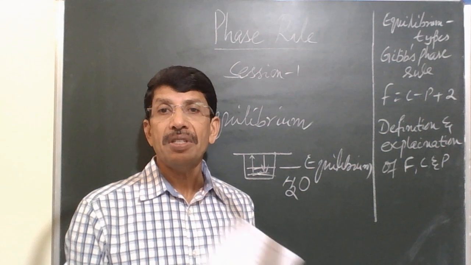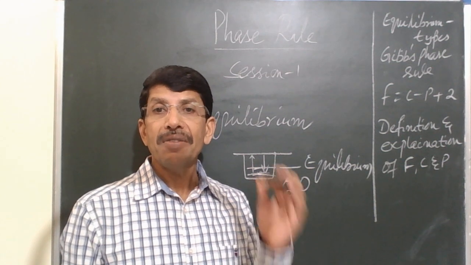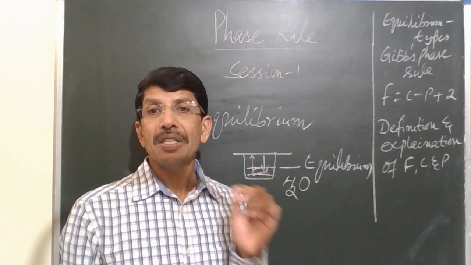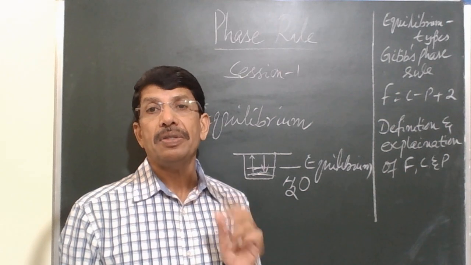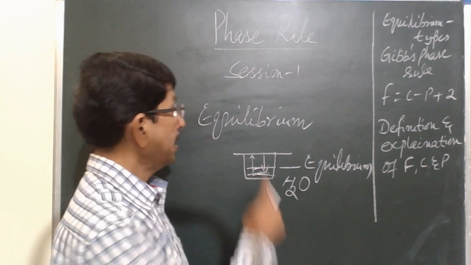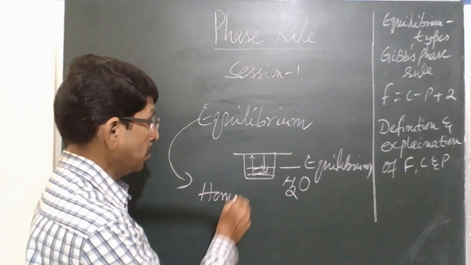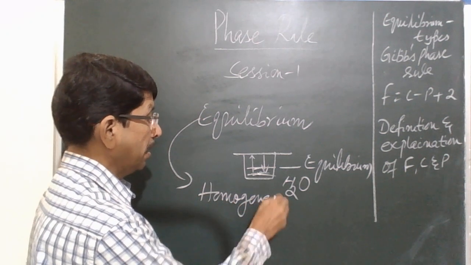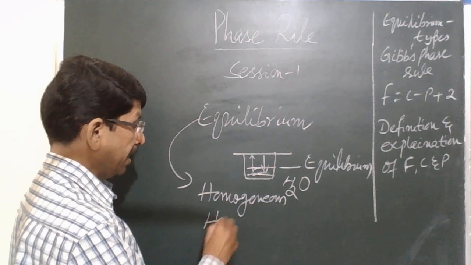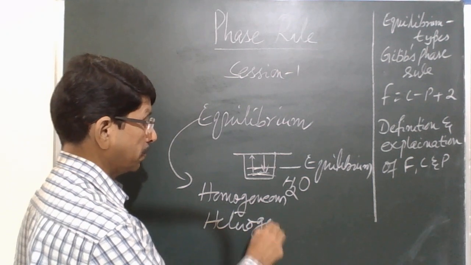So the equilibrium state of a system is the one in which there is no net change in the properties of the system, right? And this equilibrium is of two types, homogeneous and heterogeneous equilibrium.